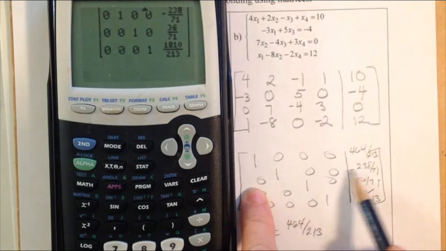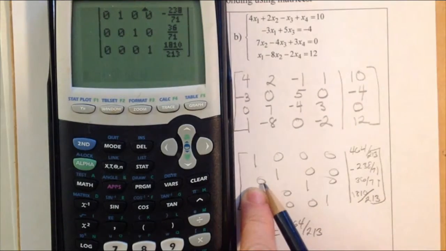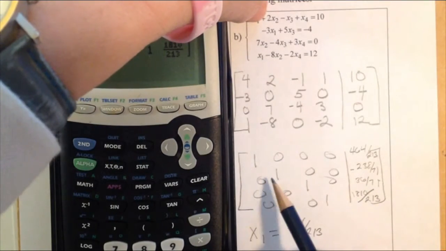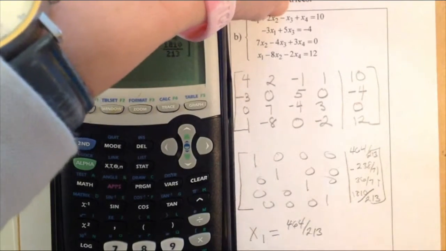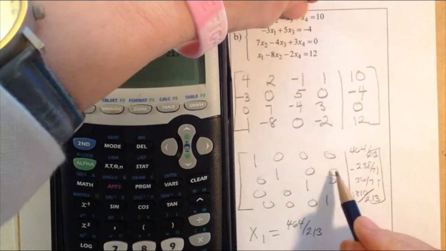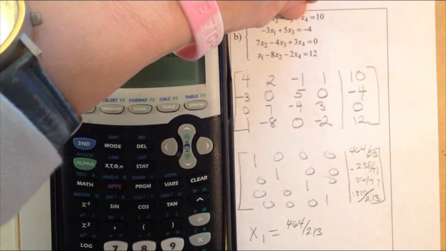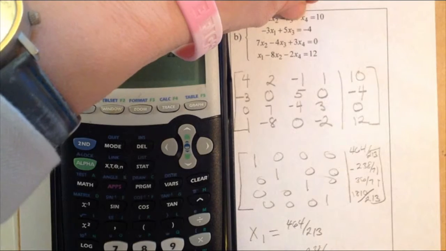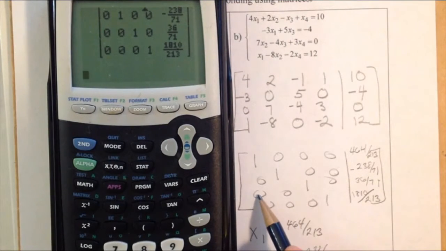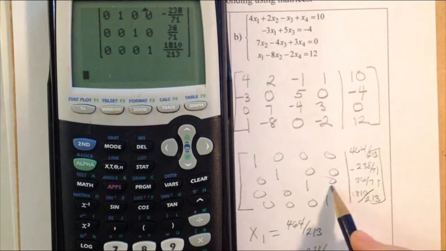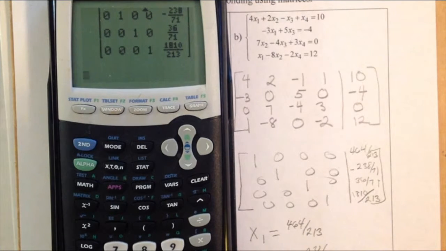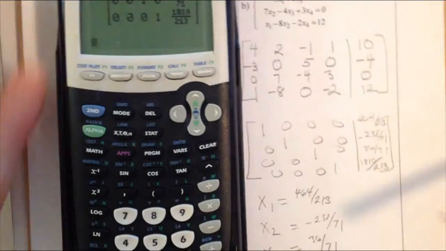And then when I read across the second row, I have 0x1s plus 1 of the x2s, 0x3s, 0x4s equals negative 238/71. And now this one, 0x1, 0x2s, 1x3, 0x4s equals 36/71. And then the last one, I'm sorry, looks like I got off my screen here.